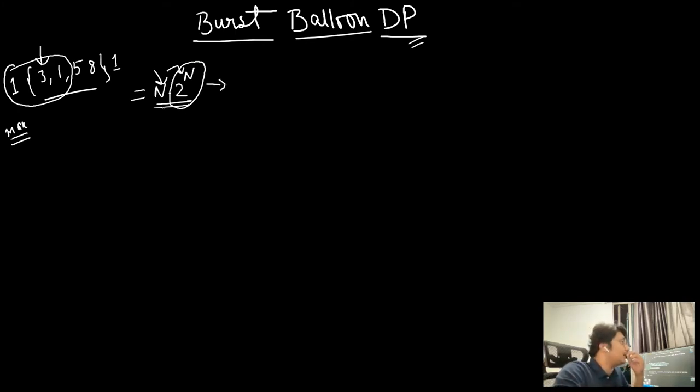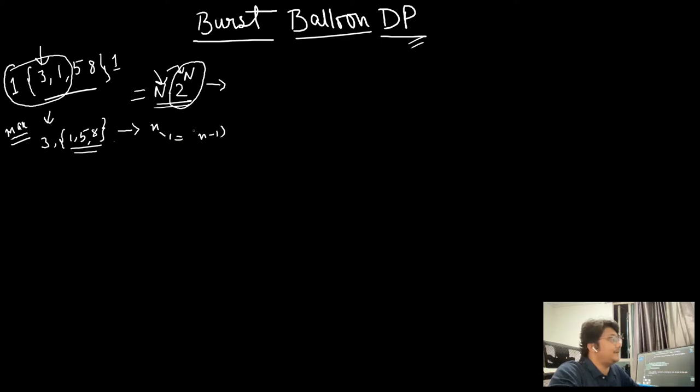Now, in the last method, we were picking one balloon, and for the remaining balloons we were calling the subproblem recursively. What this did was break down the problem by 1. So by reducing the problem by 1, you get a new problem size of n minus 1, plus whatever solution you get for the current one.